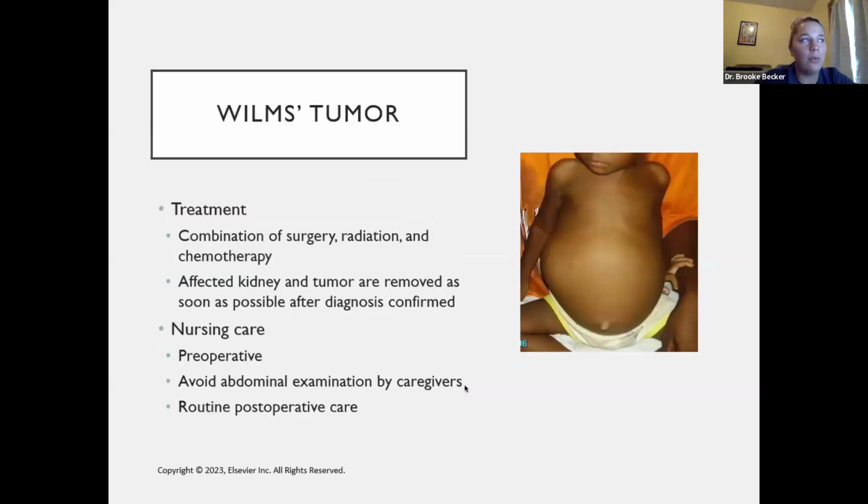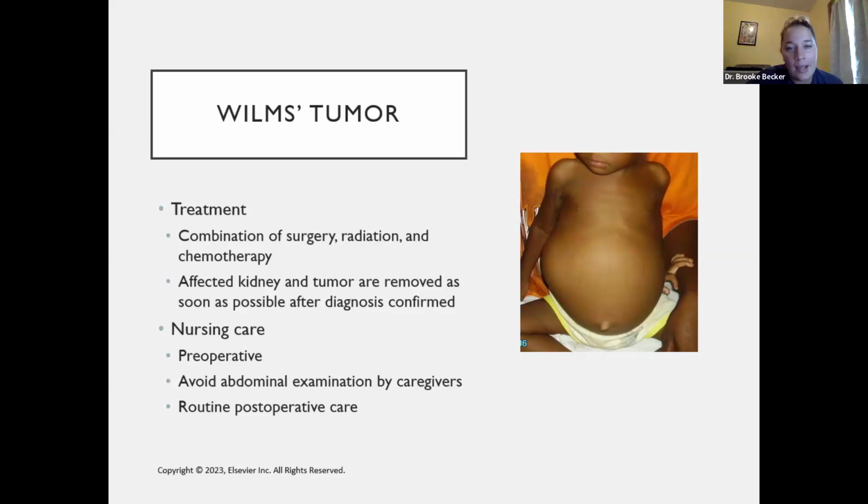They do go in and remove the tumors. That's one of the first steps. So here's a little kiddo with Wilms tumor. A lot of times their bellies just look super tight. And the tumor's obviously on this side, because look at that protrusion here and that distension on that side.